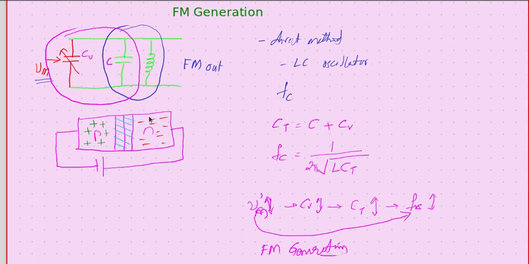The free electrons are attracted towards the positive terminal, so they are moved towards the right. And in this, what happens is the depletion region expands. So the higher the reverse voltage applied, the higher will be the width of the depletion region.